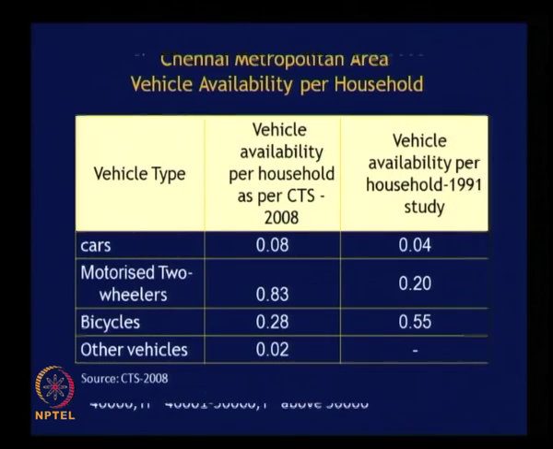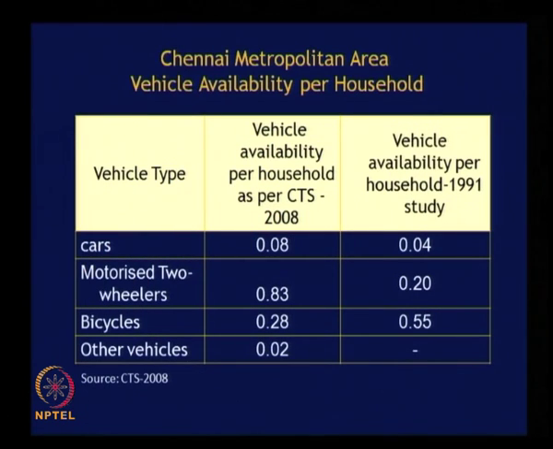One more information about trip production aspect. This is vehicle availability per household in Chennai metropolitan area. If you consider cars, we have 0.08 cars per household, and of course motorized two wheelers ownership is relatively high, 0.83 per household, and bicycle less than motorcycles.